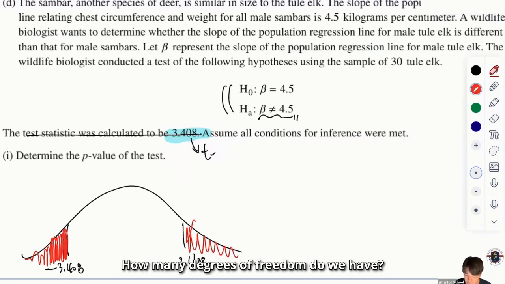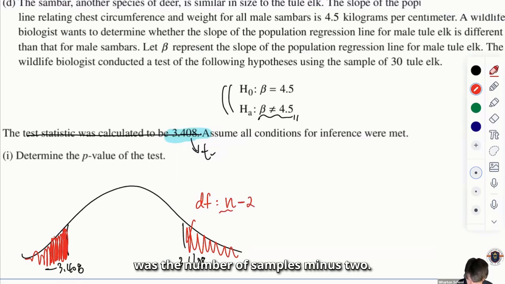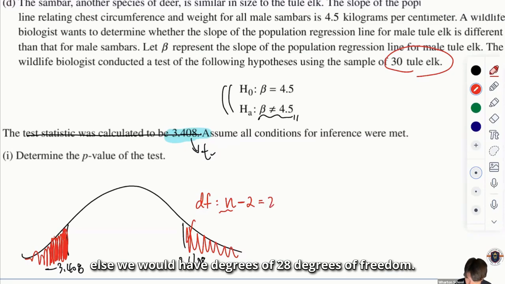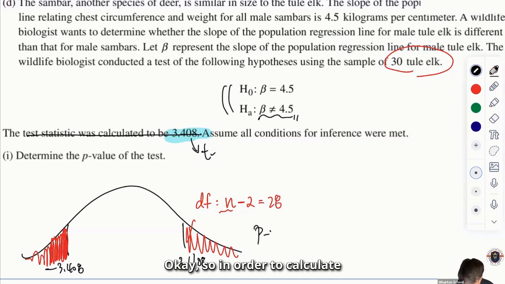How many degrees of freedom do we have? Degrees of freedom for a t-test of the slope is the number of samples minus 2. Since we had a sample of 30 elk, we would have 28 degrees of freedom. In order to calculate the p-value, we need three values.